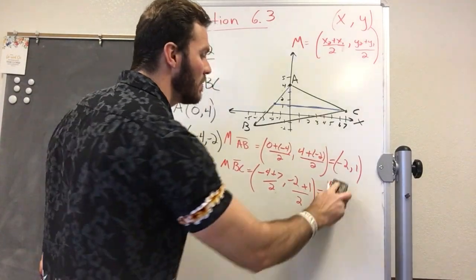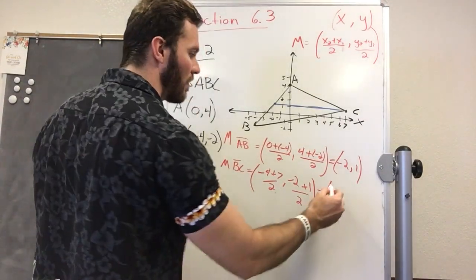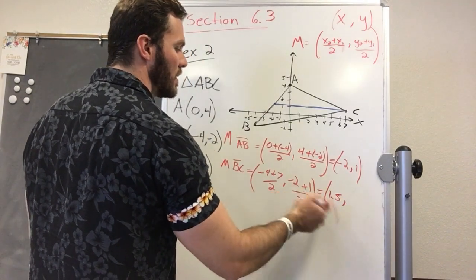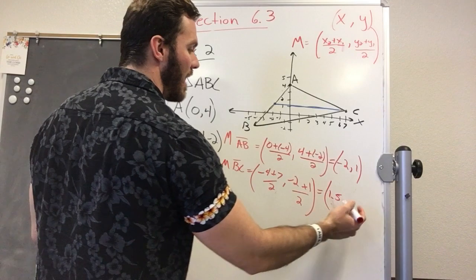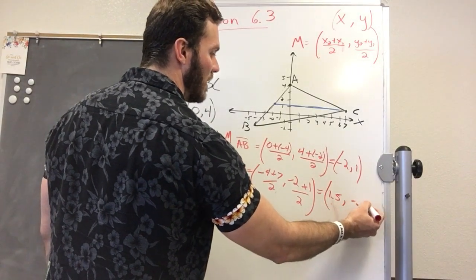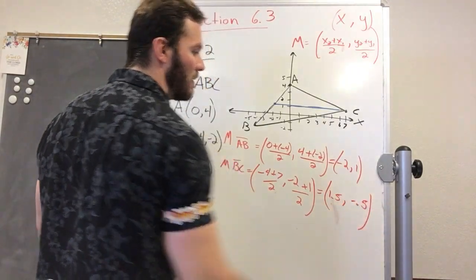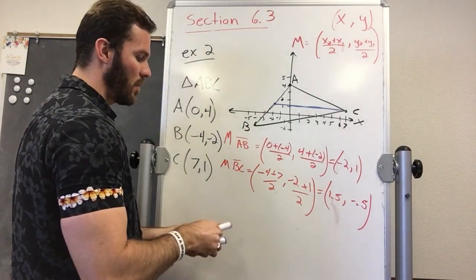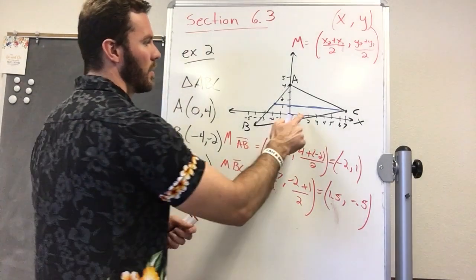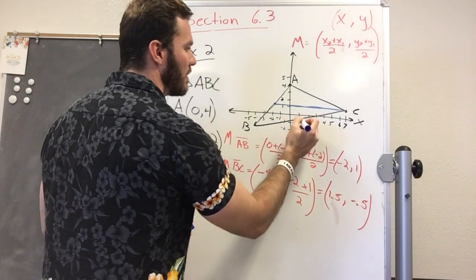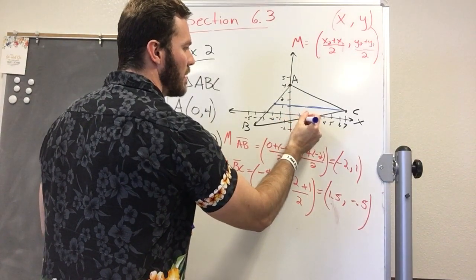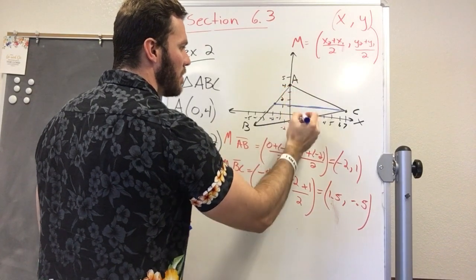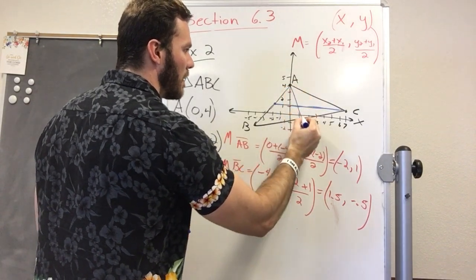You can write it in decimal form if you want to. Half of 3 is 1.5. -2 plus 1 is -1, so -1/2, which is -0.5. You can use decimals or fractions, it doesn't matter. So we have 1.5, -0.5. There's my midpoint there, and we're coming from the opposite angle.